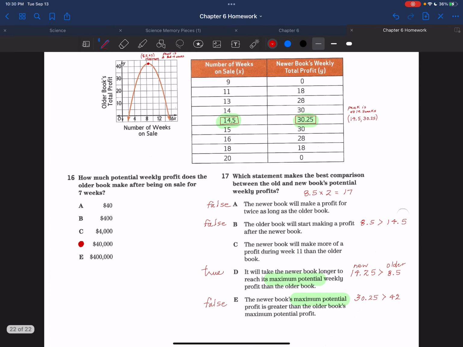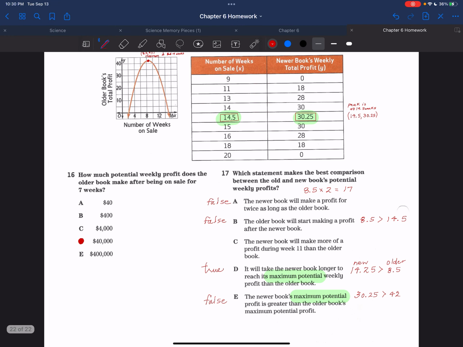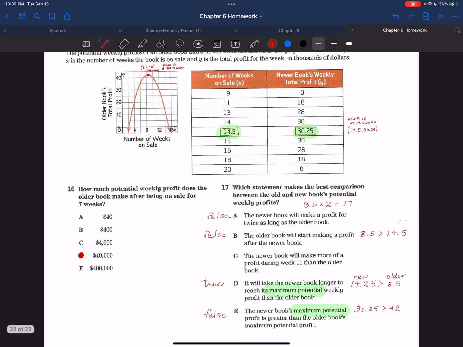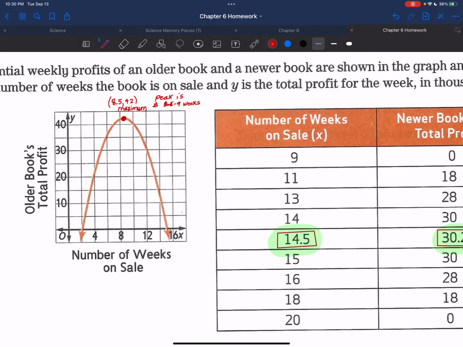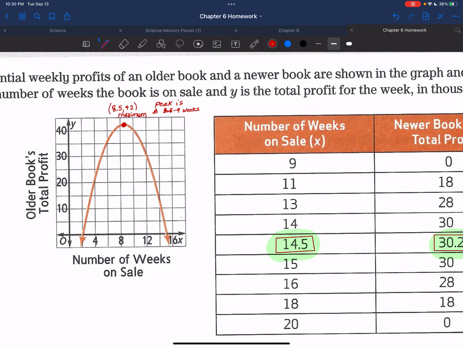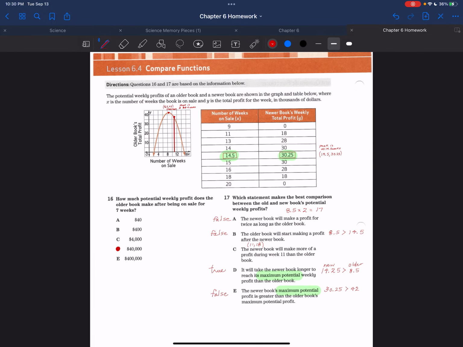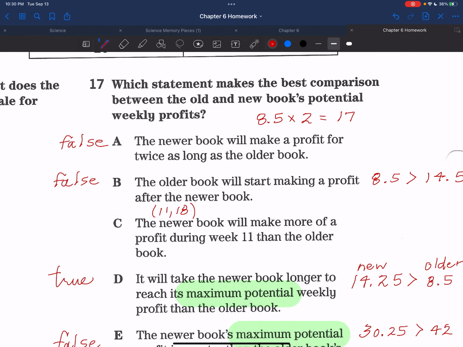The newer book will make more of a profit during week 11 than the older book. Well, the newer book at week 11 is going to be $18,000. The older book at week 11, let's draw it in here so we can see that's going to be about right here. And that point is about 37,000. So on this one, the older book at week 11 is making 37,000.